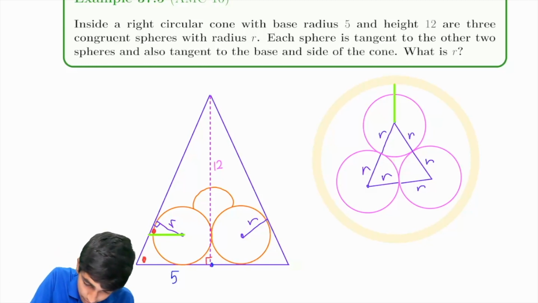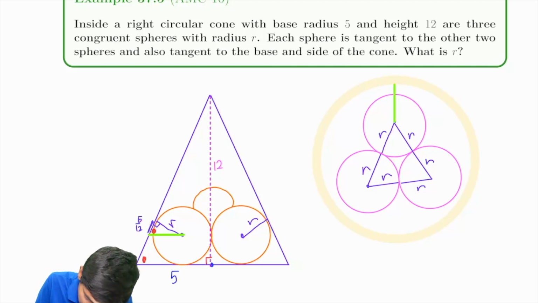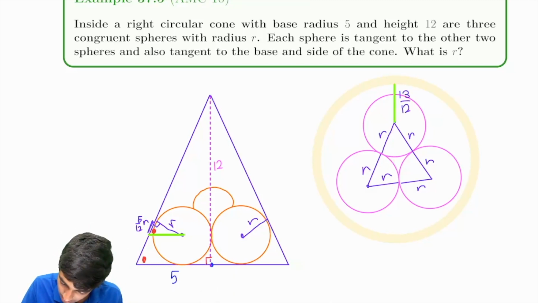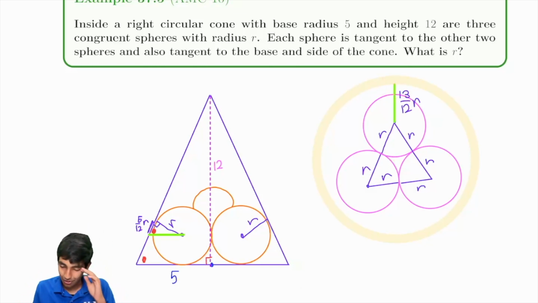So this distance over here would be 5/12 r, and then this green distance would be 13/12 r. Let's mark that here. That's pretty useful, right? And that really tells us that this extra part is 1/12 r. That's really useful. Okay, so now how do we find the radius?